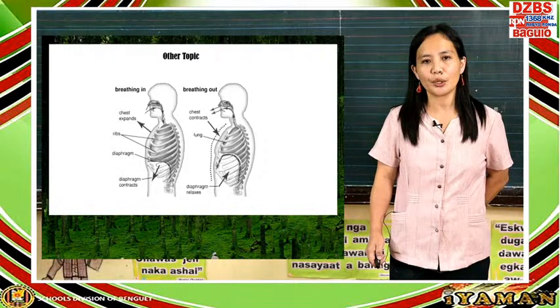Good. Now let's have a check if you were able to understand all the lessons presented. In the what's more part, you will have a better understanding of the concepts which were presented just a while ago. It is made up of 3 activities and 3 assessments. For activity 1 and assessment 1, it is more on the different parts of the human respiratory system.